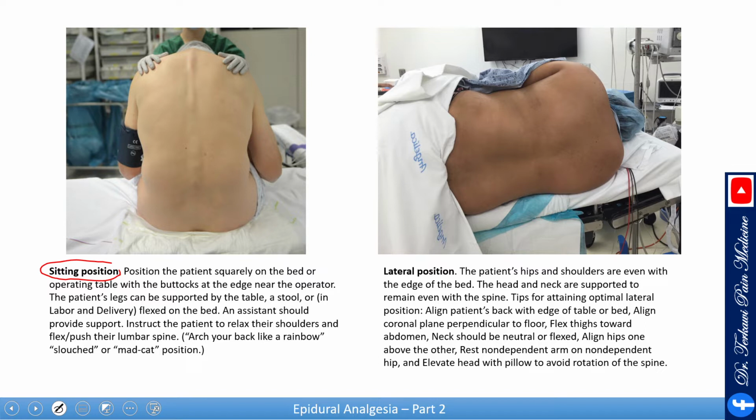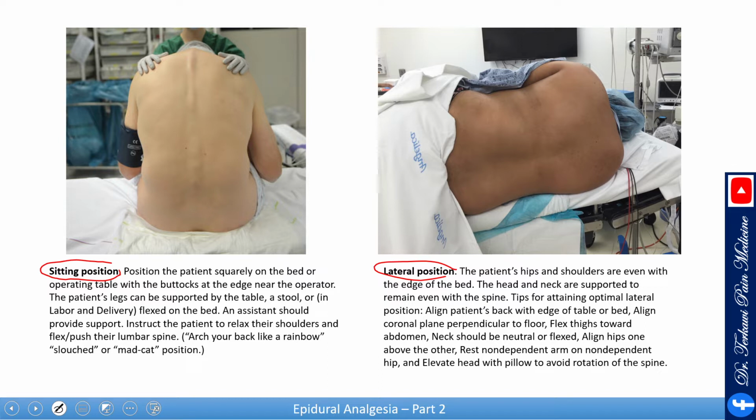Now, the lateral position. Here, the patient's hip and shoulder are even with the edge of the bed, as you see in the picture. The head and neck are supported to remain even with the spine. Tips to attaining optimal lateral position: align the patient's back with the edge of the table or bed.